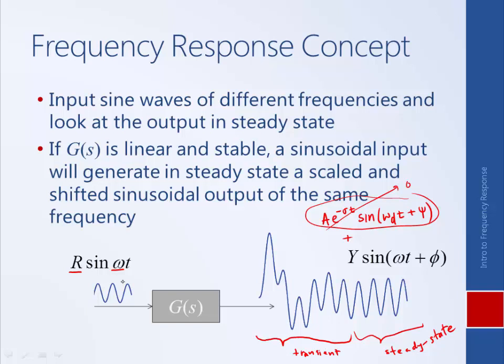Here we had a sinusoid of frequency omega, so here we also have a sinusoid of frequency omega. The only difference is that the output may be scaled, so it may have a different amplitude, and it may be shifted in time. For example, if at some instant of time the input is at 0, at that same instant the output might be at the peak of the oscillation.